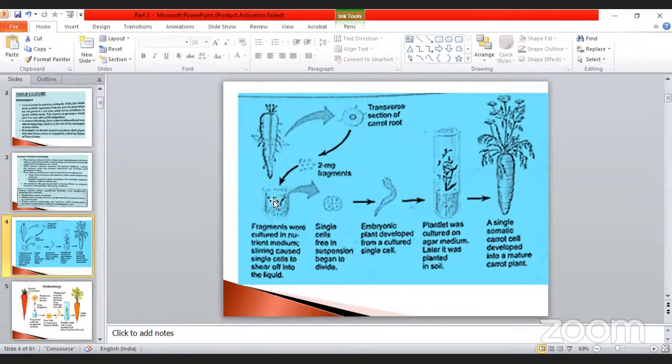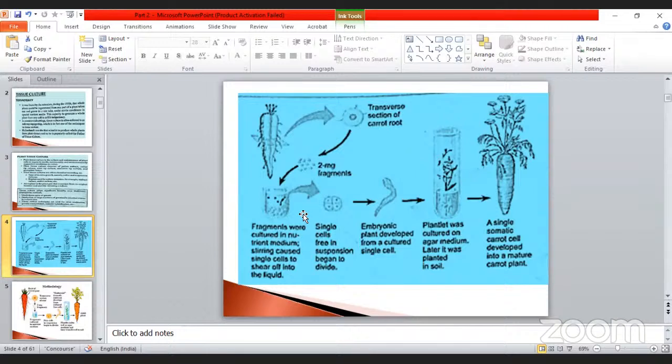So, in that medium, we inoculate the piece of the plant body, whether it may be a root tip, shoot tip, flowers or anthers or whatever it may be, placing it inside. After a particular period, it may be 1 week or 24 hours or 48 hours, the incubation period is there.